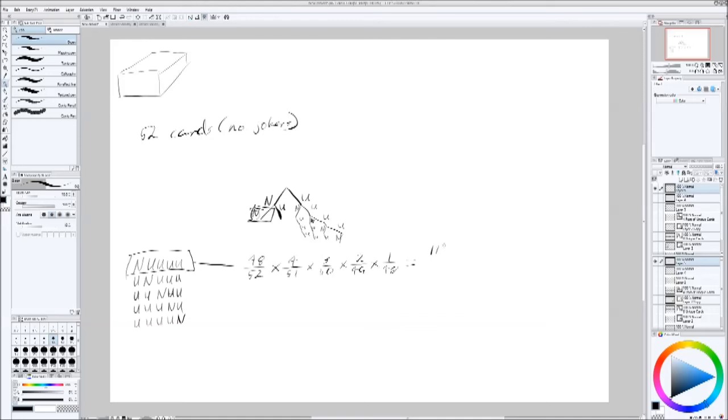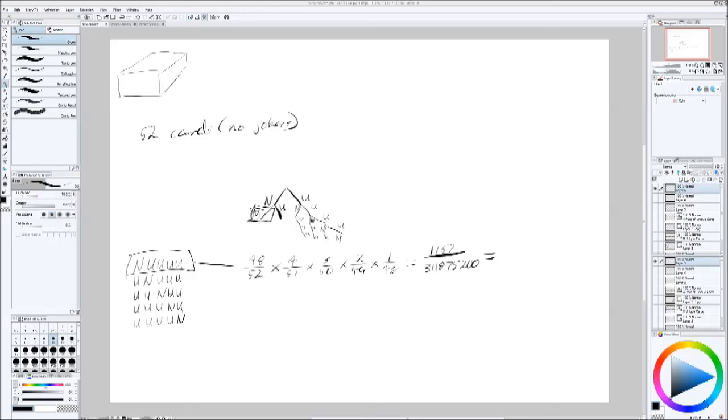So we end up getting 1152 over 52 times 51 times 50 times 49 times 48, which becomes a very large number, 311875200, which, just as a percentage, is going to be very, very small.